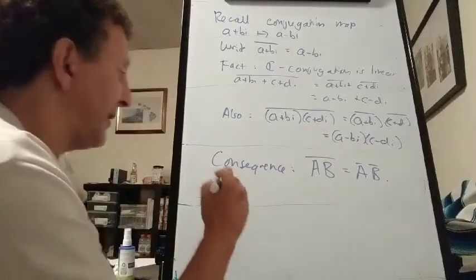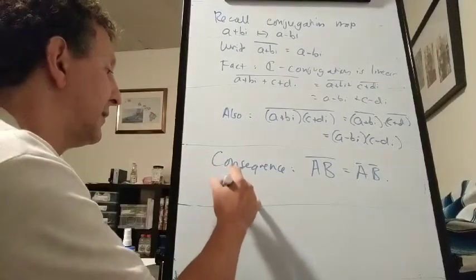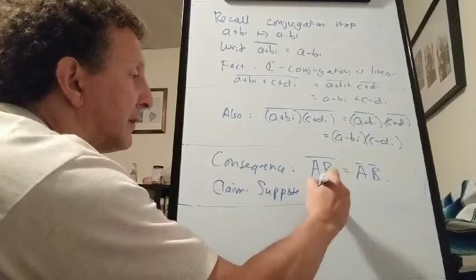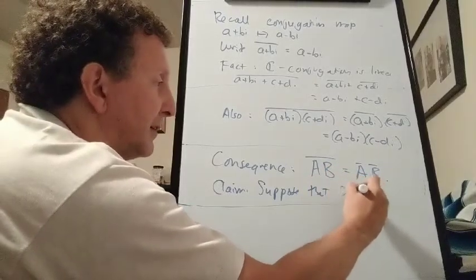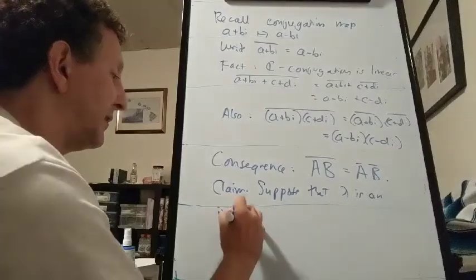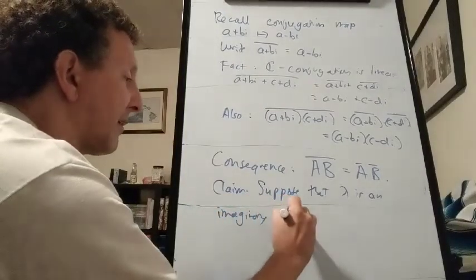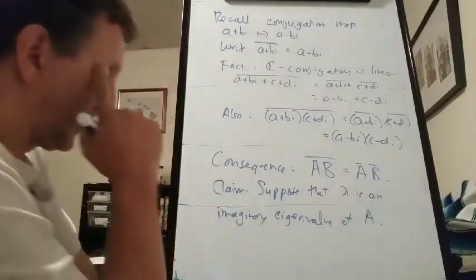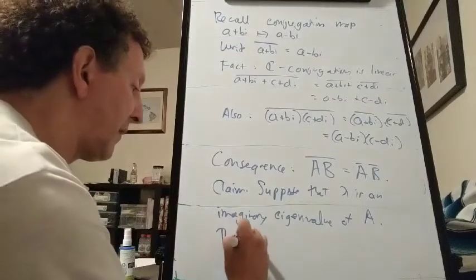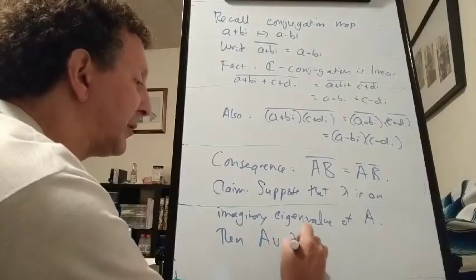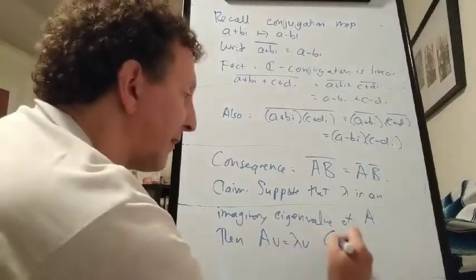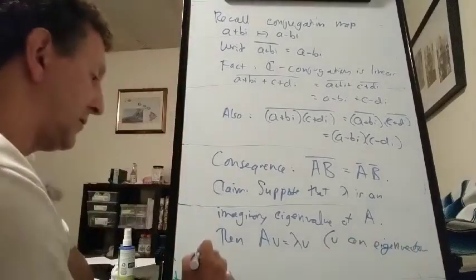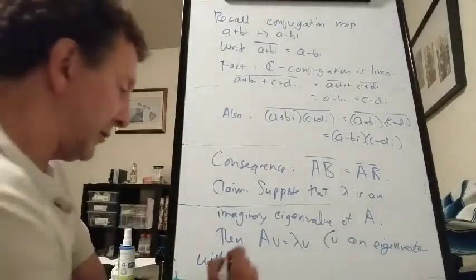And then a consequence of that fact is, let's suppose that lambda is an imaginary eigenvalue of A. Then AV equals lambda V, so V is an eigenvector with eigenvalue lambda.